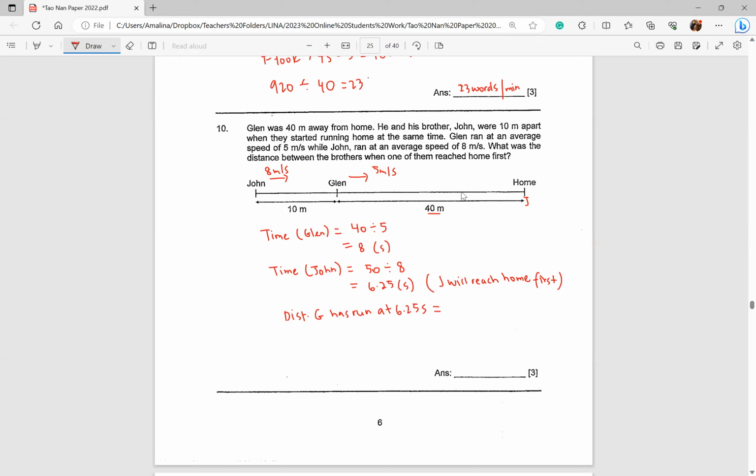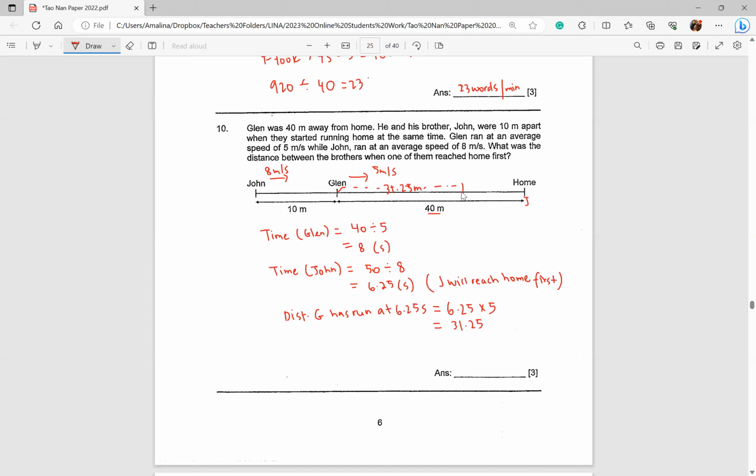I take my 6.25 and multiply by his speed of 5 meters. So it means that he has run 31.25 meters.